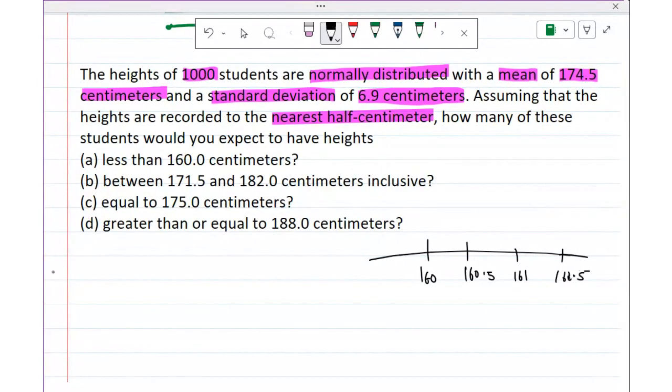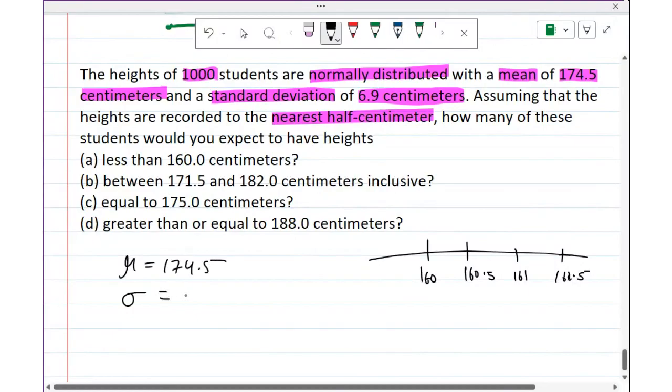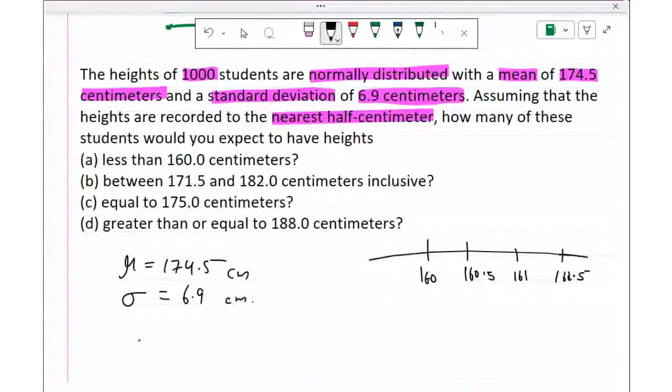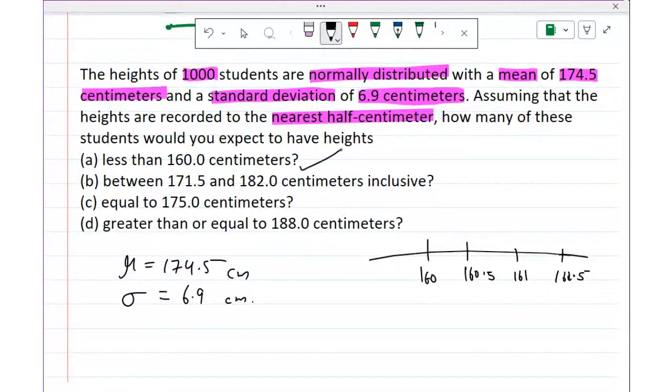The mean is given directly, 174.5, and the standard deviation is 6.9, both in centimeters. And you are asked, out of 1,000 students, how many you expect will have height less than 160 centimeters?